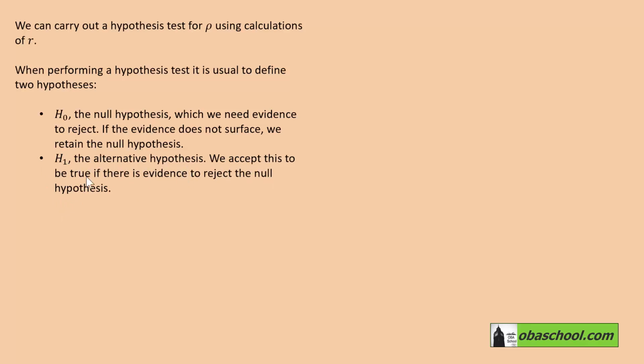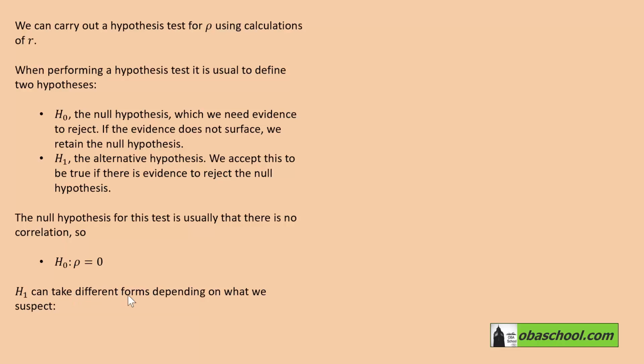We accept this to be true if there is evidence to reject the null hypothesis. The null hypothesis for this test is usually that there is no correlation. So H0 normally takes the form that rho is equal to 0.